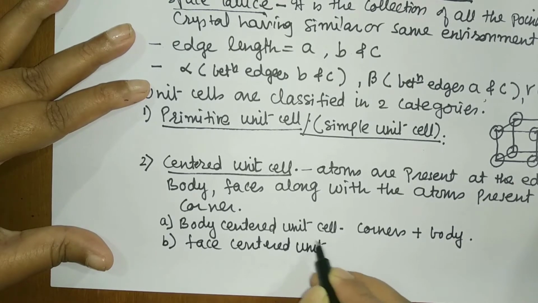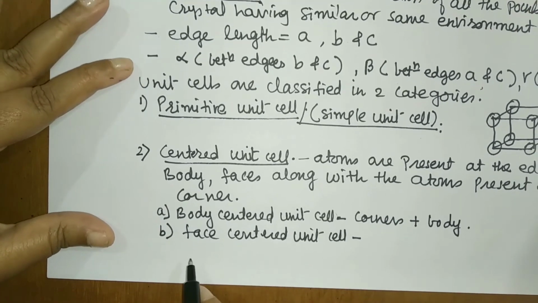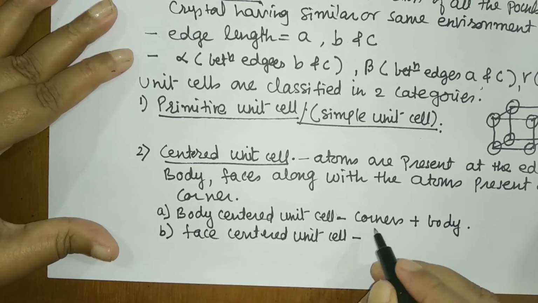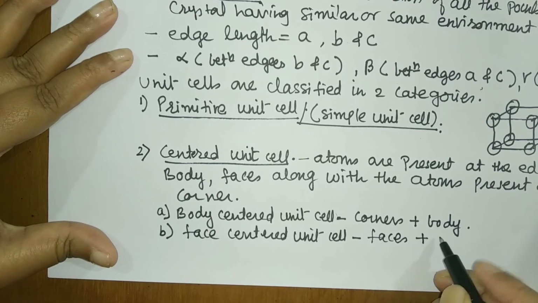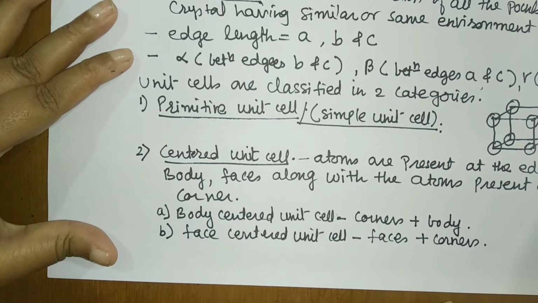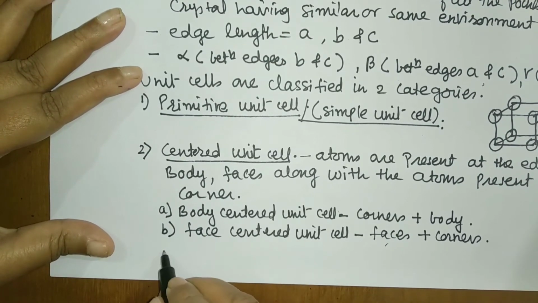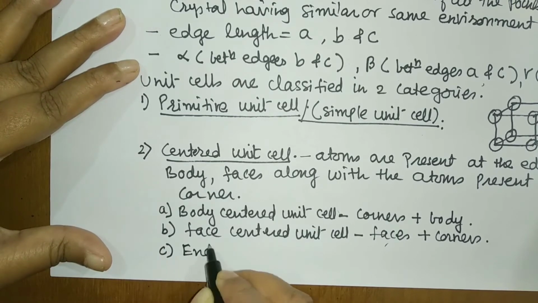Second is face centered unit cell. So I think you know now, students, what this centered unit cell type should be. Here the atoms, ions or molecules are present at the faces and at the corners. So along with the corners, the atoms are present in the faces also. And the last, third type is end centered unit cell.